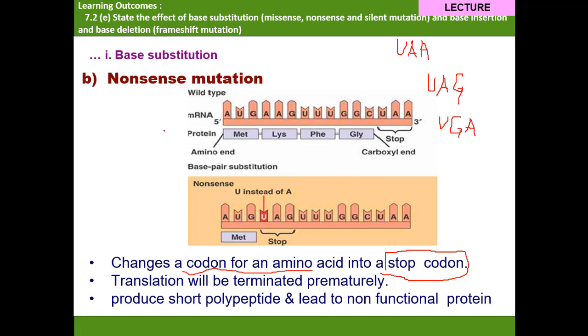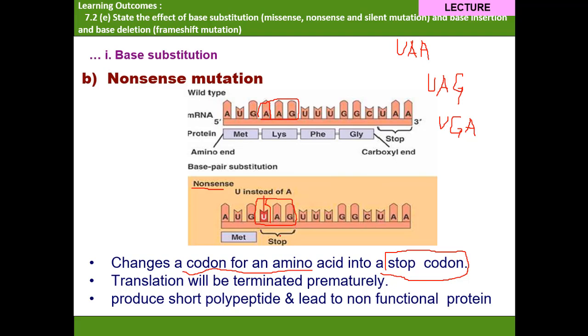This is the normal sequence. So we have AAG over here. But if nonsense mutation occurs, you have UAG. So instead of A over here, A is being substituted with U. Now you have UAG.